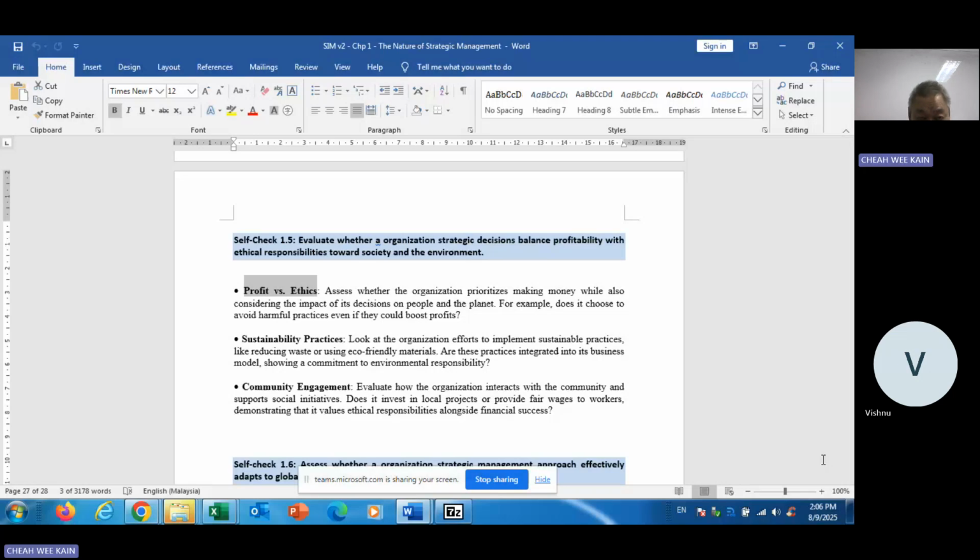When you look at the annual report, the profit is growing very huge. And in the annual report, they say the carbon footprint is also increasing very huge. Something is not right. Okay. Sustainability practice. Do you implement sustainability? Now, in many countries, the annual report has a requirement to talk about sustainability.